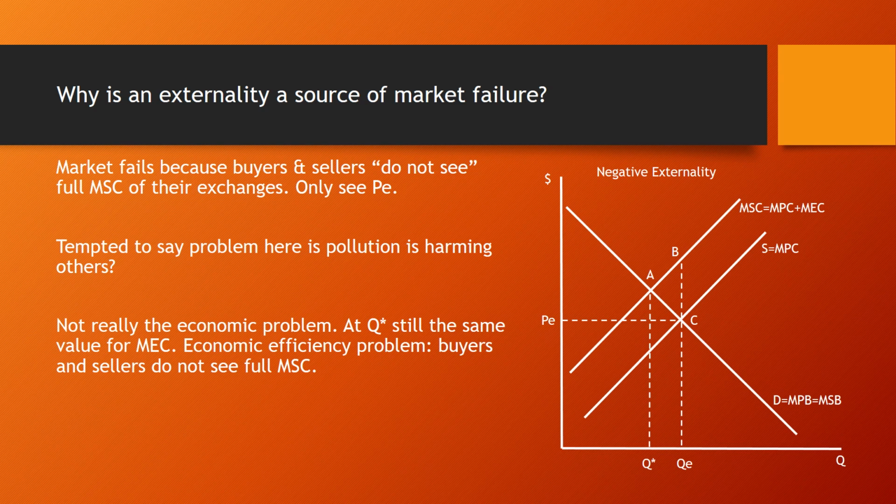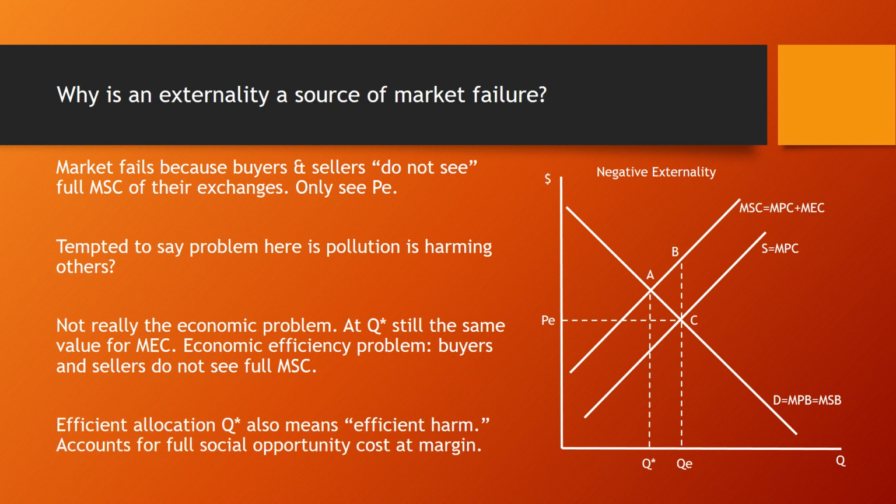And again, this happens because buyers and sellers interact with each other without seeing the full marginal social cost of their interactions. When the full marginal social cost is accounted for, in a sense, the interactions between buyers, sellers, and the third parties will be associated with the efficient level of the marginal external cost.